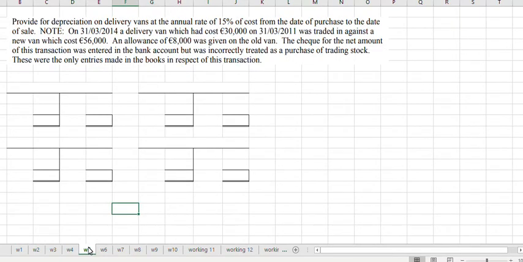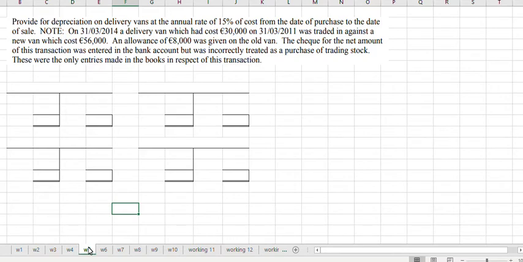Working number 5, depreciation. This is a straightforward depreciation note. If you have practiced a lot of these questions, you will be able to do these okay. You're looking for 5 numbers here.